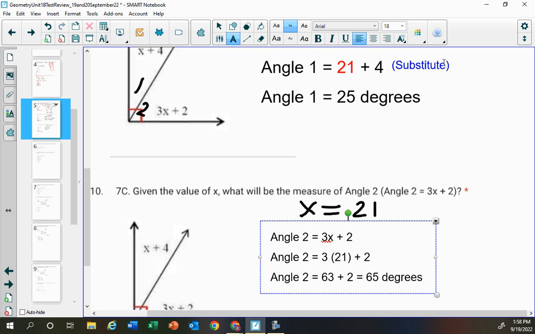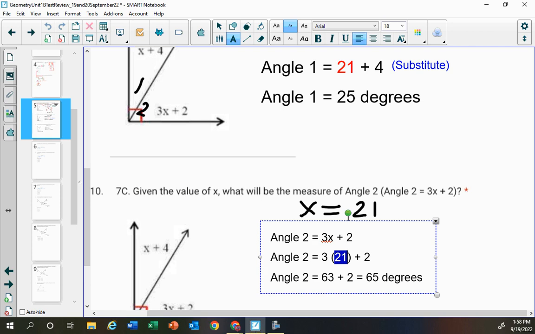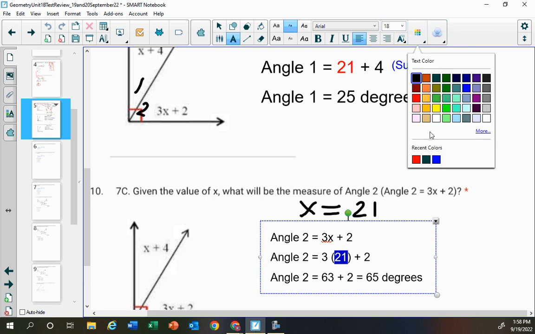Now, here's another way you could have done this. Real quick, if you want to know the very quick way, you could have also said 90 minus 25.